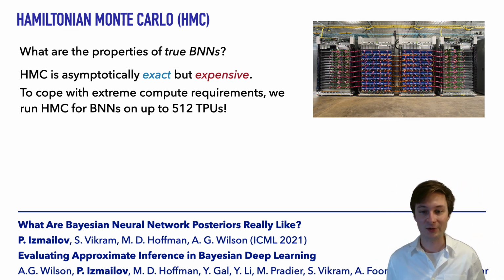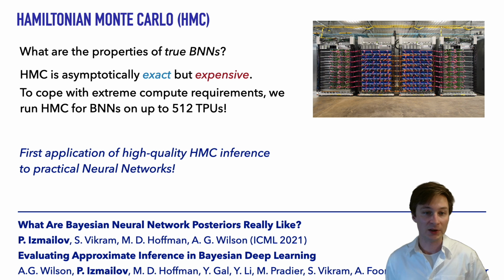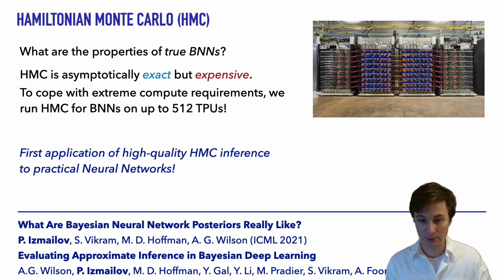So we don't have a way of actually reducing these computation requirements. We just had to run it on a lot of compute. But as a result, we did get the first application of high-quality HMC inference to practical neural networks, and we were able to answer some interesting questions, or at least provide new interesting evidence about true Bayesian neural networks.